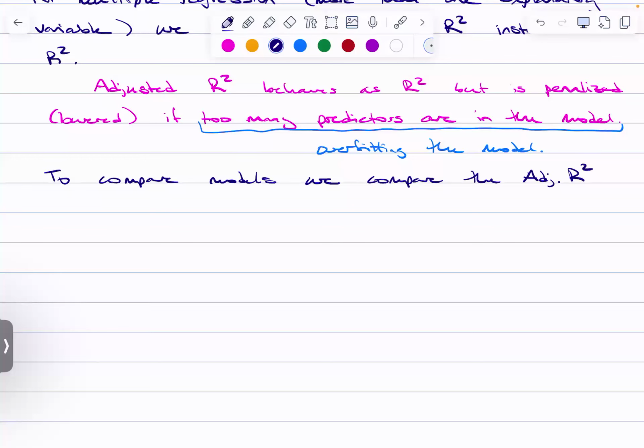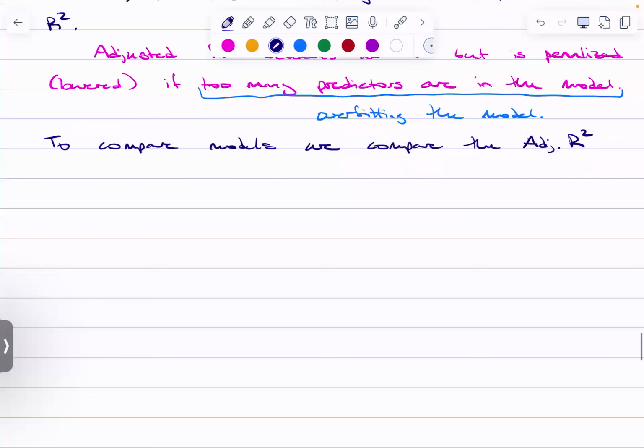The formula is in the textbook if you're interested, but you're just penalized by the number of predictors. So that's all we need to know. To compare models, we compare the adjusted R-squared and pick the model with the highest adjusted R-squared.